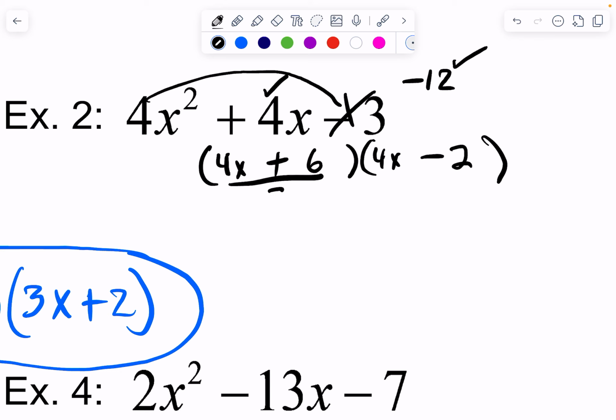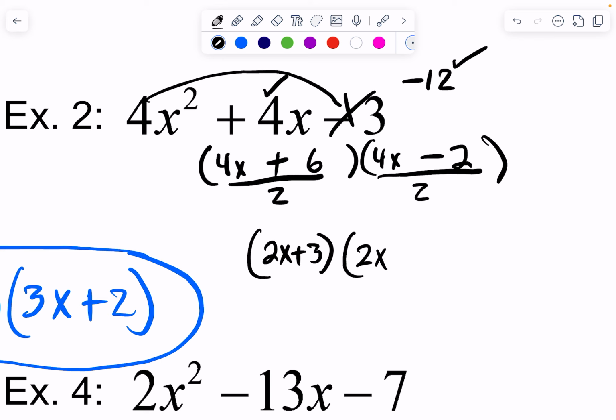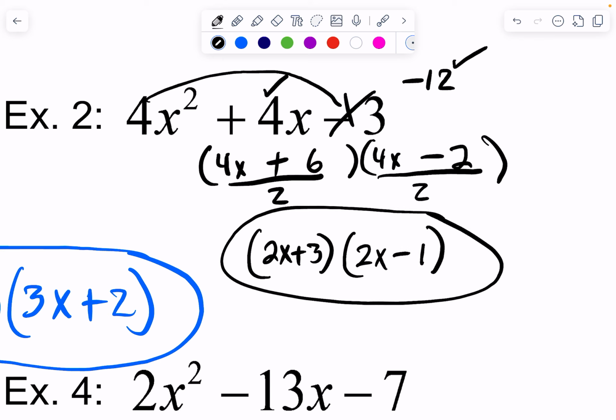In this case, I can imaginary factor a 2 from the first term, giving me 2x plus 3, and also a 2 from the second term, giving me a 2x minus 1. And you are done.